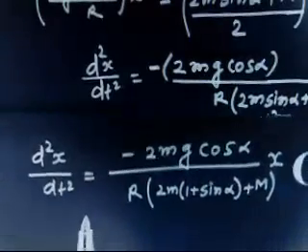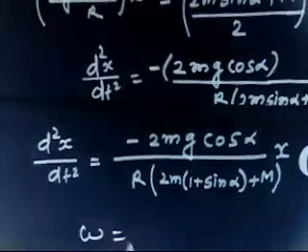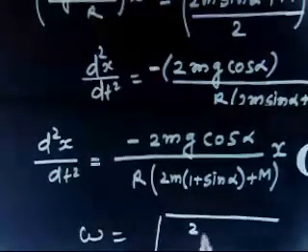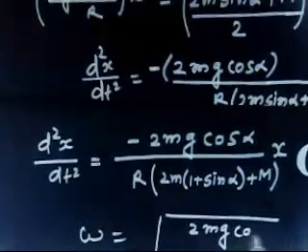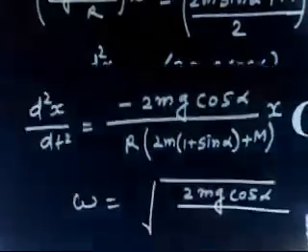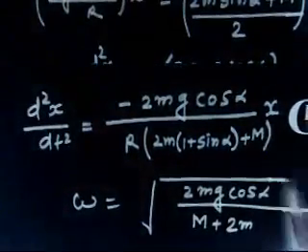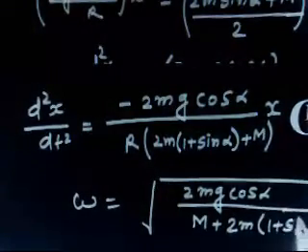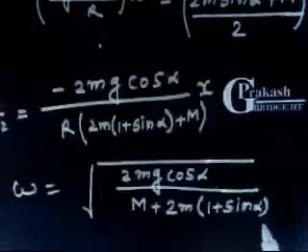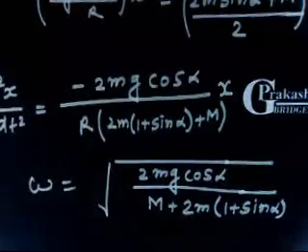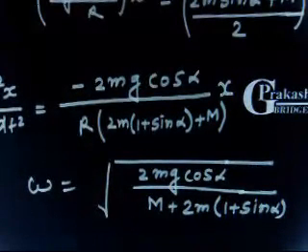So if you solve for omega, so omega will be under root 2mg cos alpha divided by m plus 2m 1 plus sin alpha. So you can find out the time period because you know the omega.